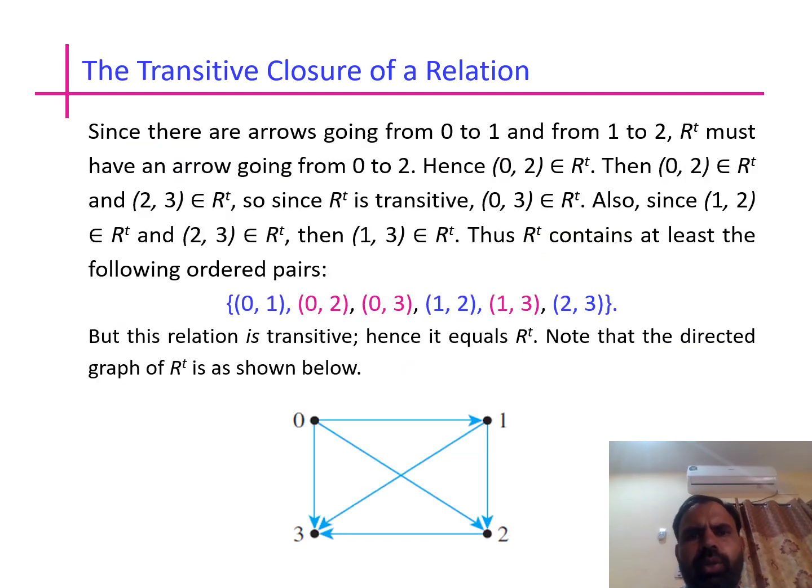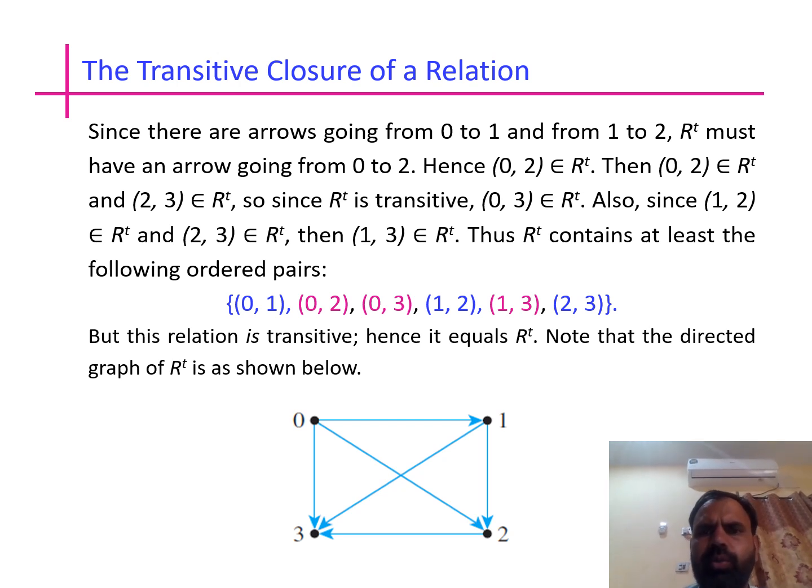Since there are arrows going from 0 to 1 and 1 to 2, RT must have an arrow going from 0 to 2. Hence (0, 2) also belongs to RT, and (2, 3) also belongs to RT. So RT is transitive. So (0, 3) belongs to RT also, since (1, 2) belongs to RT and (2, 3) also belongs to RT, then (1, 3) belongs to RT.